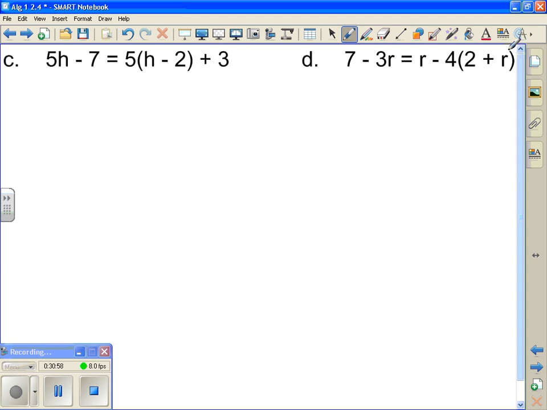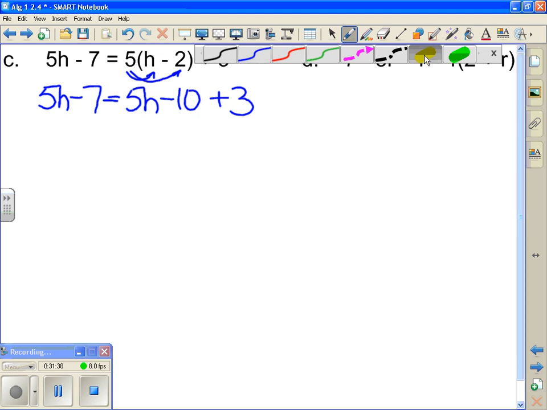All right, let's take a look at C. Go back to our steps. Number 1, use distributive property. 5 times h. That's right, 5h. 5 times -2. Good. -10. Don't forget to bring down your +3 and your 5h minus 7. So we did step 1. Now step 2. Anything like terms on the left? No, but we do have like terms on the right side.